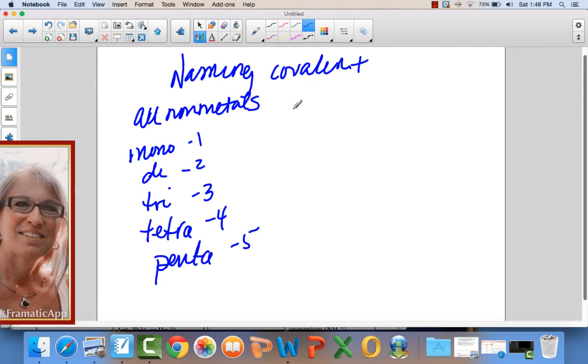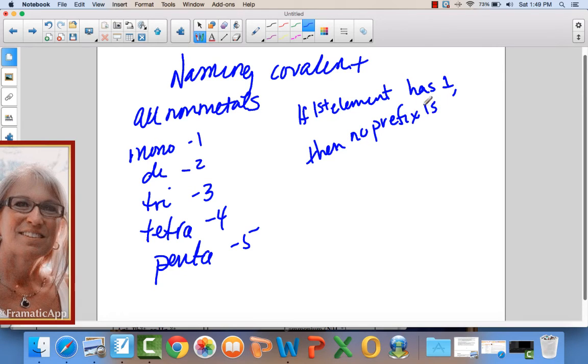So if the first element has 1, then no prefix is used. And then the second element always gets a prefix.